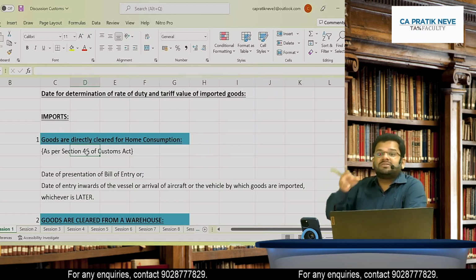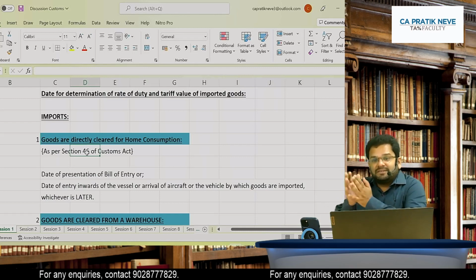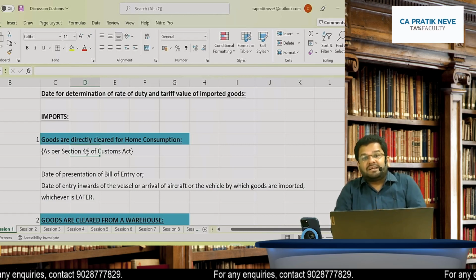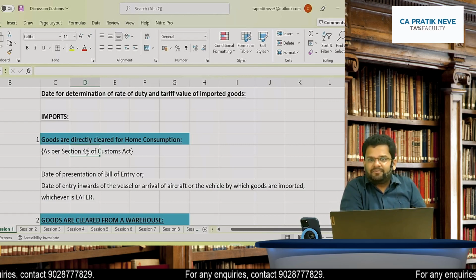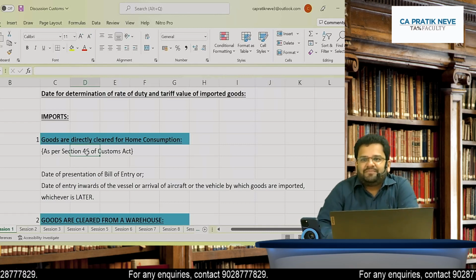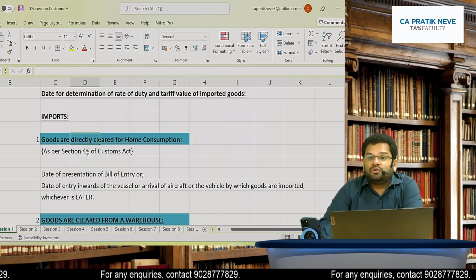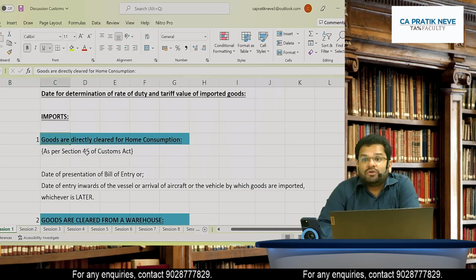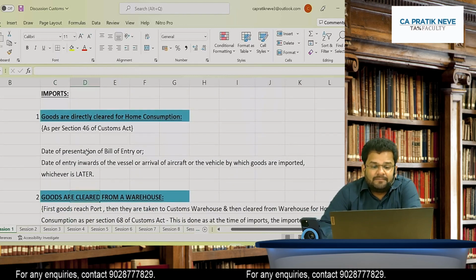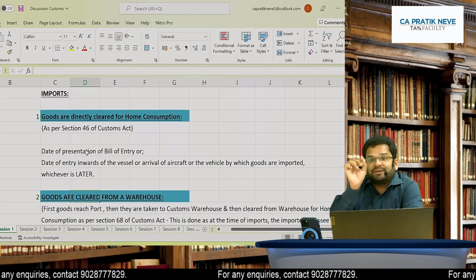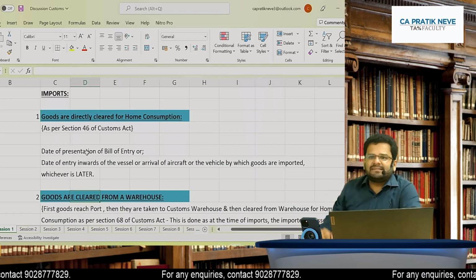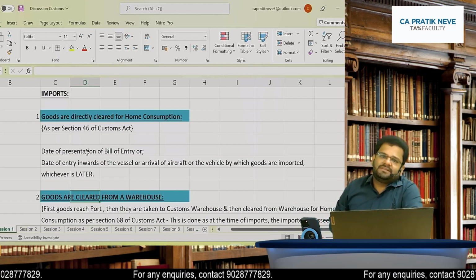Or second, first they are reaching the port and from there taken to a warehouse and from warehouse taken for home consumption. So see, I have written two routes here. One is goods are directly cleared for home consumption, and second is goods are first cleared to warehouse and from warehouse they are taken for home consumption. Is it clear to all of you?